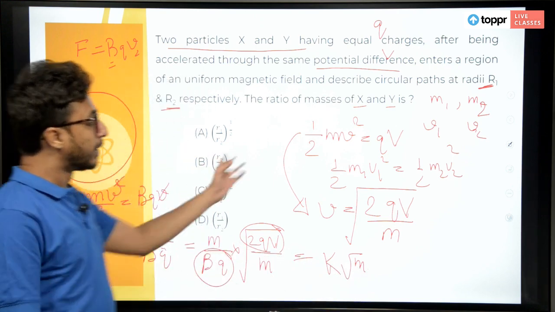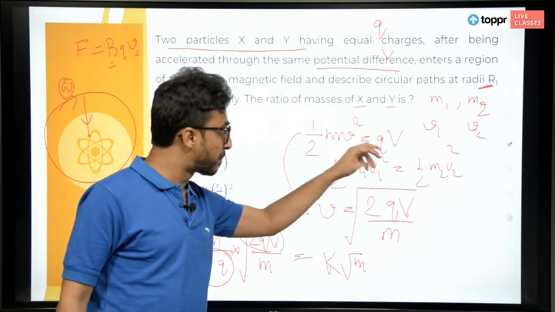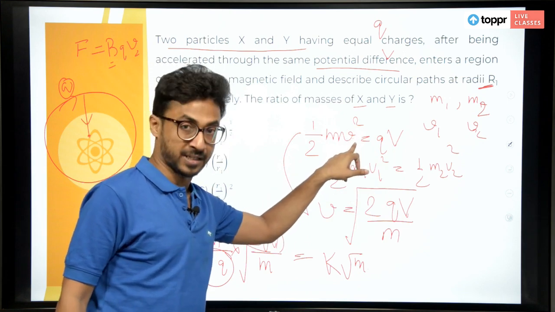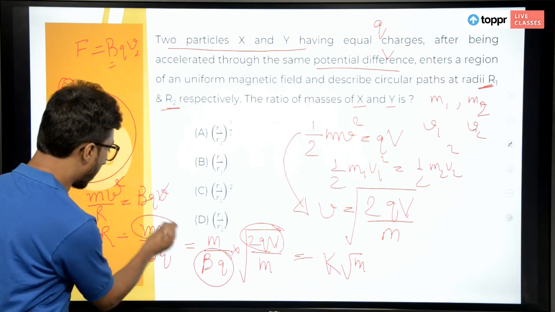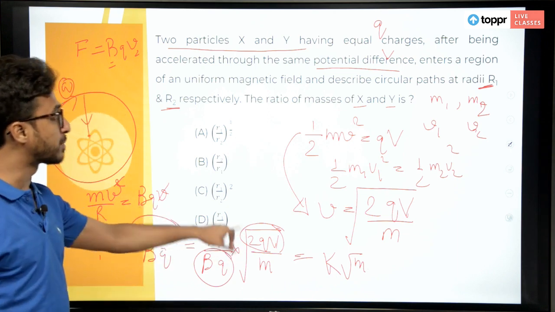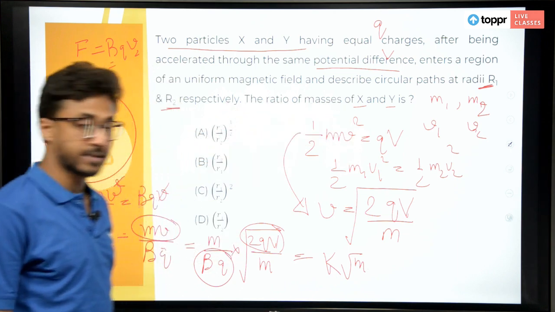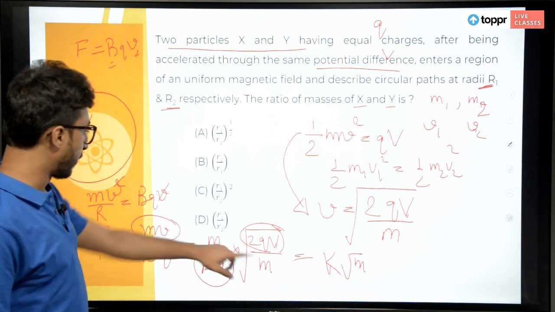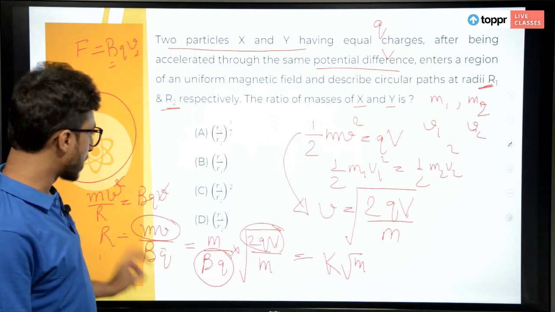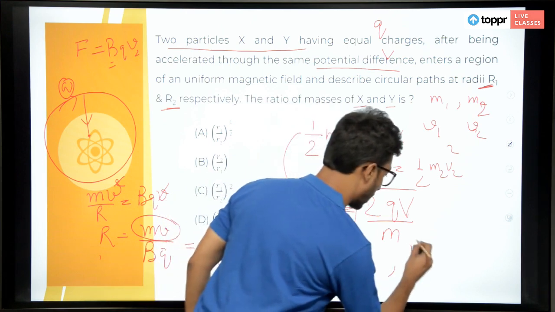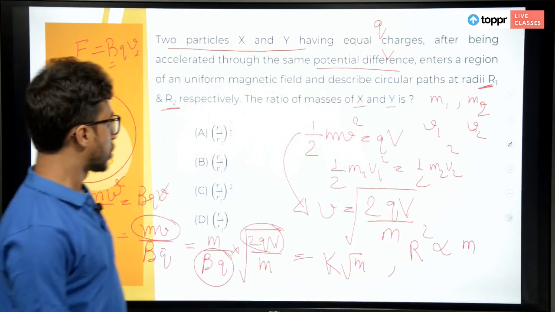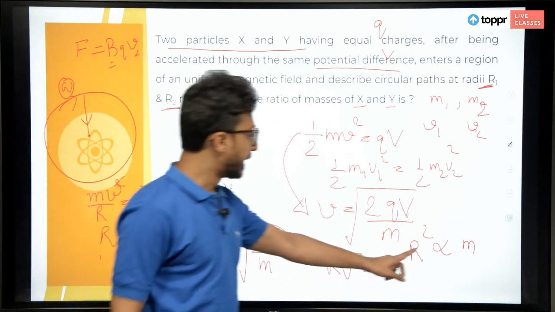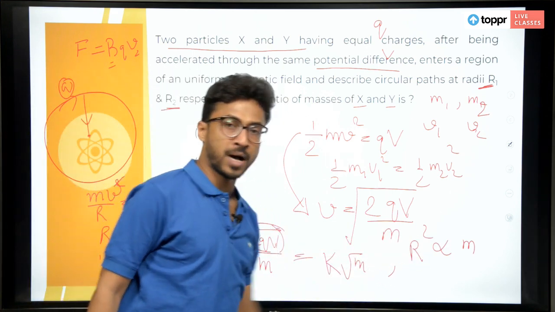We have replaced the velocity factor, because radius is proportional to mass into velocity, but we have to bring it into mass because we have to find the ratio of the masses, right? So if you square it, r square is proportional to mass.